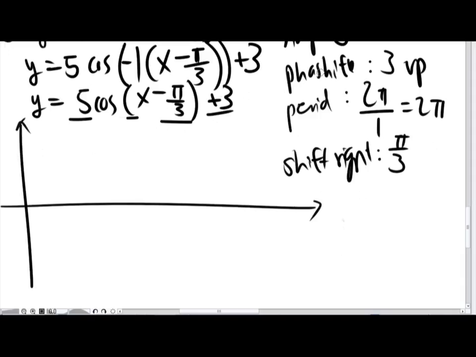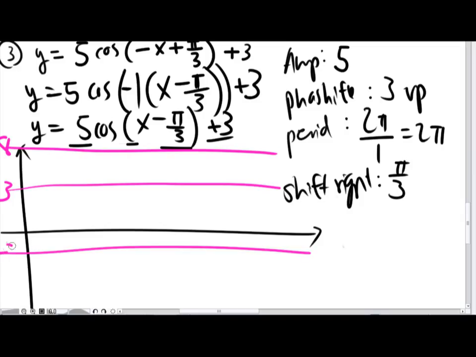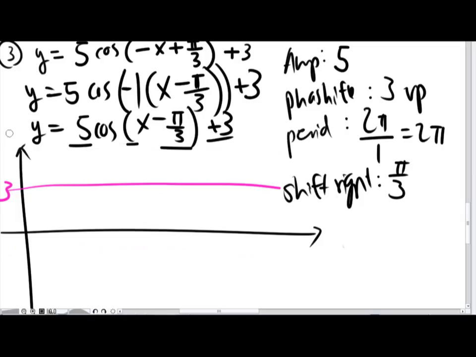Okay, so let's put this on the graph. Okay, so we have a phase shift of 3 up, so we're going to start from 3, and then our amplitude is 5. So we go up 5 units, so that's 8, and then we go down 5 units, so that's negative 2. I'm just going to redraw this because that's not very easy. 8 and negative 2.